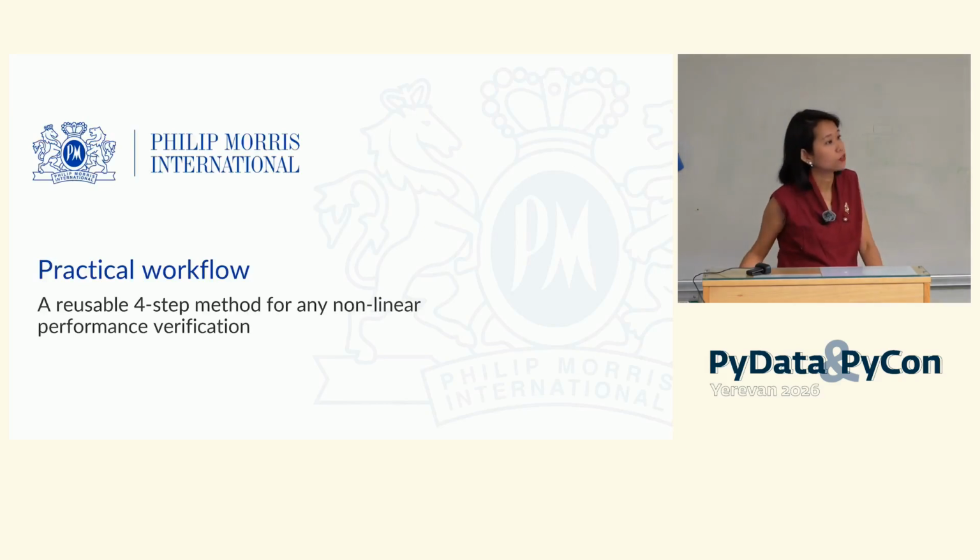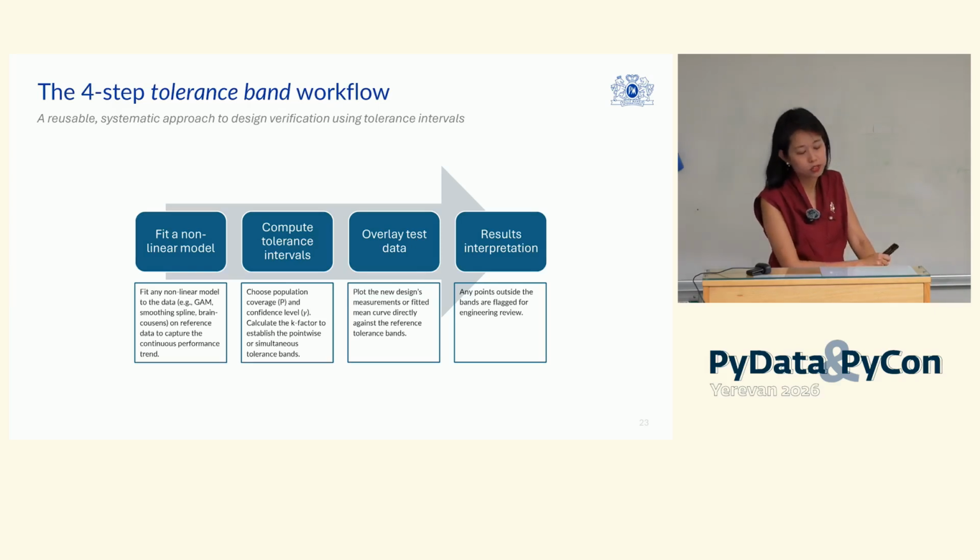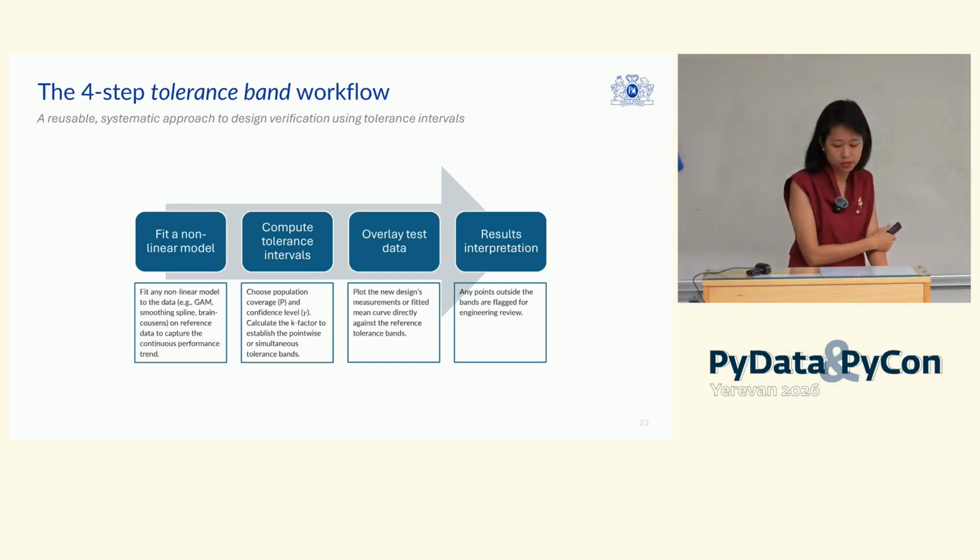The practical workflow, I hope now we get out a bit of the statistical part. How can we do this in reality? First, we fit the nonlinear model to our data. You can do anything, R. This technique actually comes from a paper, I forgot exactly the year, but the idea is that you use a bootstrap to build the simultaneous tolerance interval.